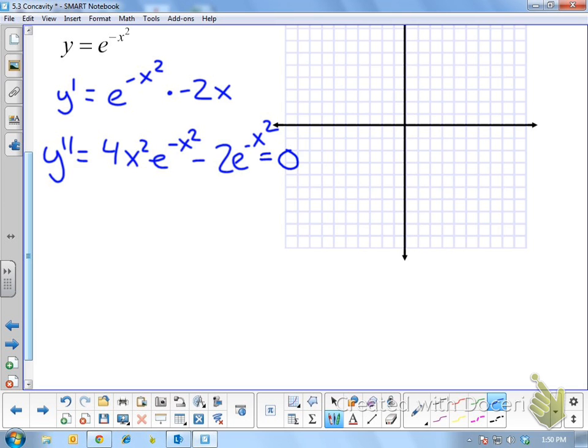But what could I factor out? 2e to the negative x squared. So that would leave us with 2x squared minus 1. So now I set each piece equal to 0.